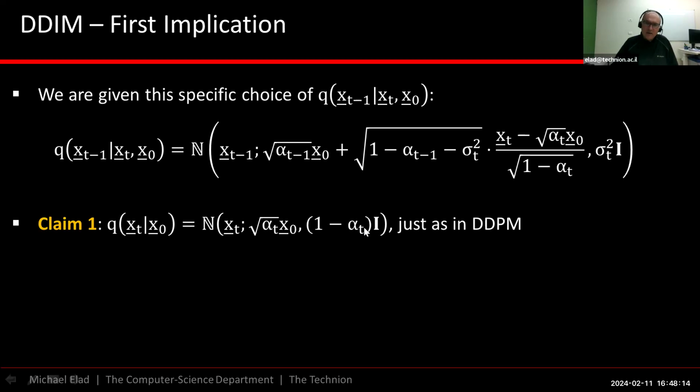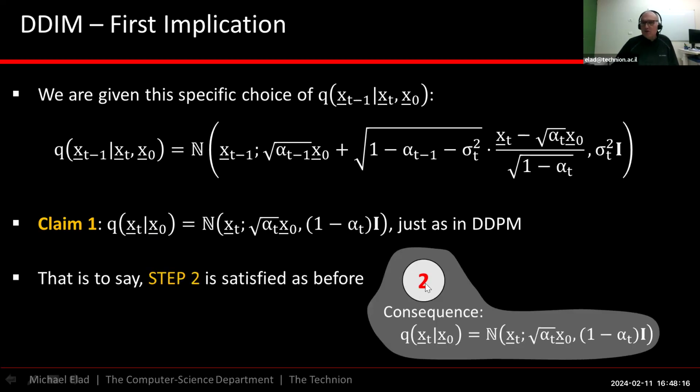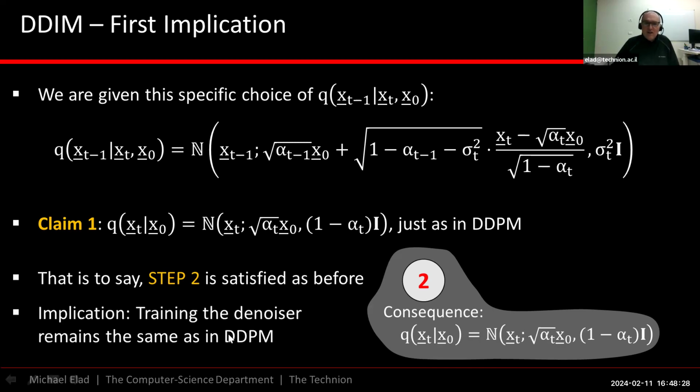So what am I telling you here? I'm telling you that step number 2 in our drawing is just as correct for the DDIM as it was for the DDPM. And the immediate consequence, and this is a great thing to have, is that the denoiser that you have for DDPM is exactly the denoiser you want to use for the DDIM. Why? Because what is it saying?